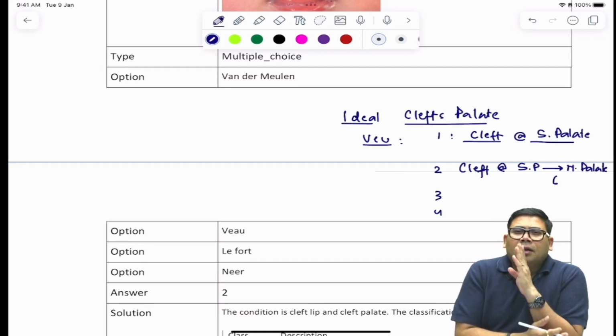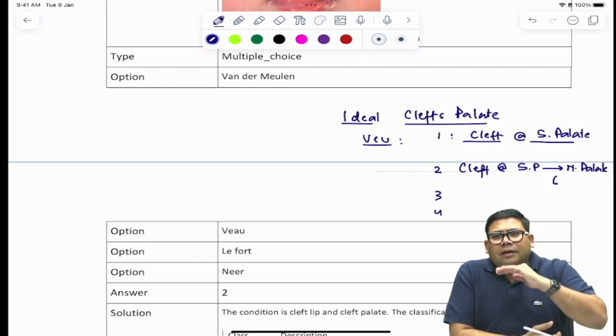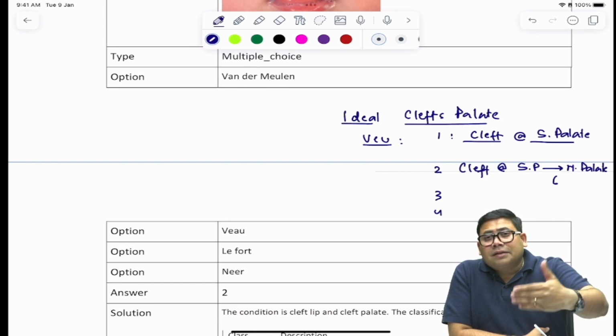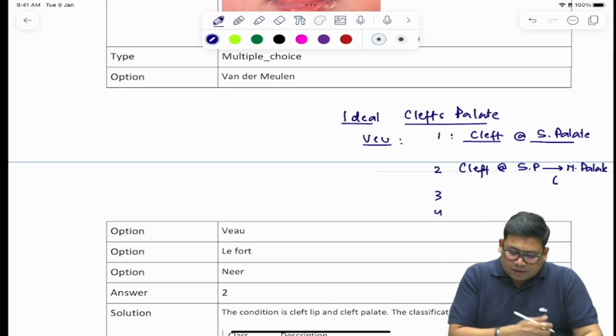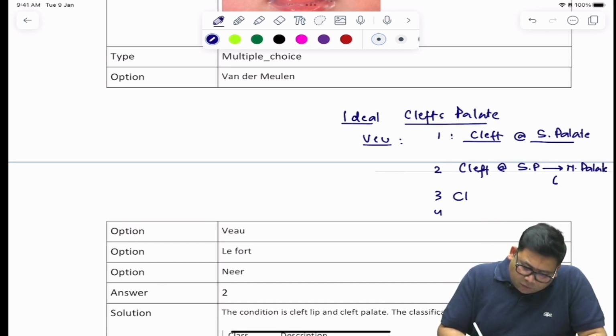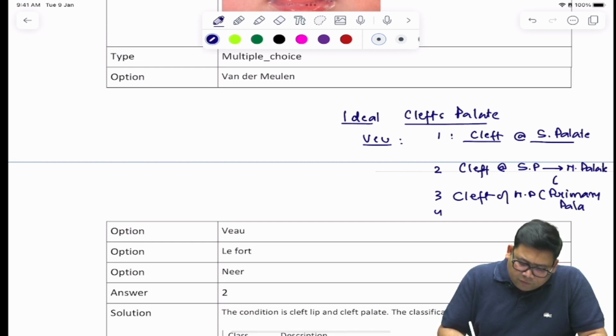Try to understand: the part of the hard palate anterior to the incisive foramen is considered the primary portion of the hard palate. The portion anterior to the incisive foramen also includes the gingival sulcus and the lip. So all these are included. If it is involving the cleft of the primary palate, this is known as Veau 3.